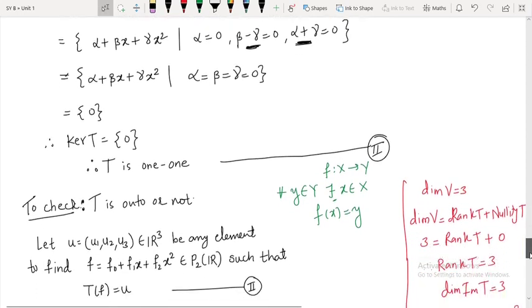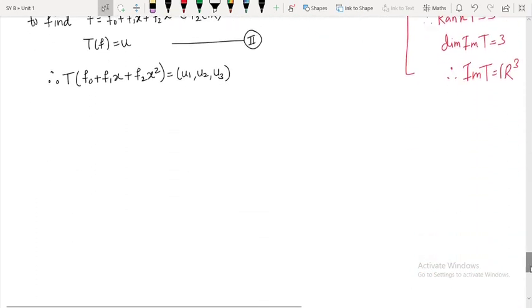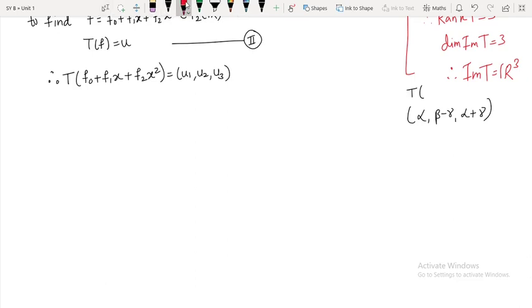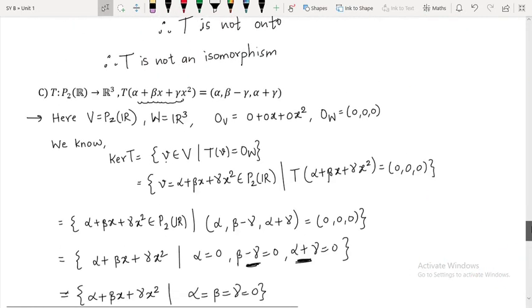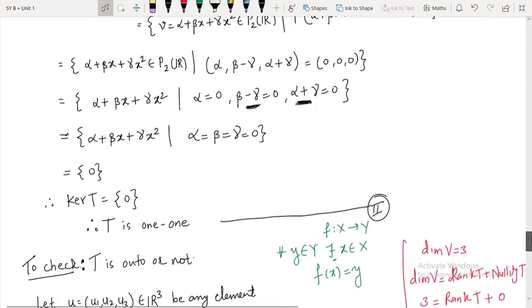So beta minus gamma, alpha plus gamma, and over here it is alpha, I guess. Okay, it is image of what? T of, you are not supposed to write it in the exam. So alpha plus beta x plus gamma x square, I guess. Let me check it once again. Alpha, beta minus gamma and alpha plus gamma.